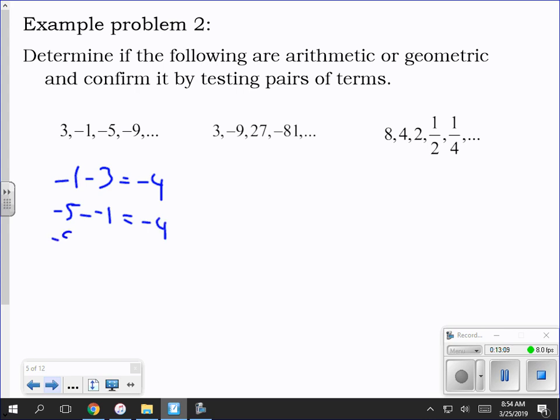Wait, -5 minus -1, right? You change your subtraction to addition. If I get the same number each time by subtracting the previous one, that would be arithmetic. And my D would be what I get when I subtract each time.